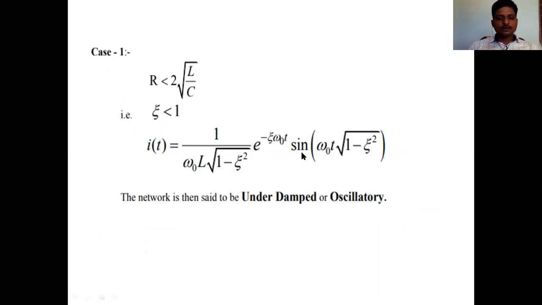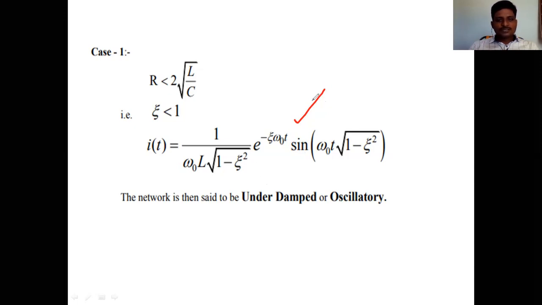So once you got I of t, there are three cases here. If r is less than 2 root L by c, then zeta is less than 1. If zeta is less than 1, you are going to have this solution, that is I of t is equal to 1 by omega naught L root of 1 minus zeta square into e power minus zeta omega naught t sine omega naught t root of 1 minus zeta square.